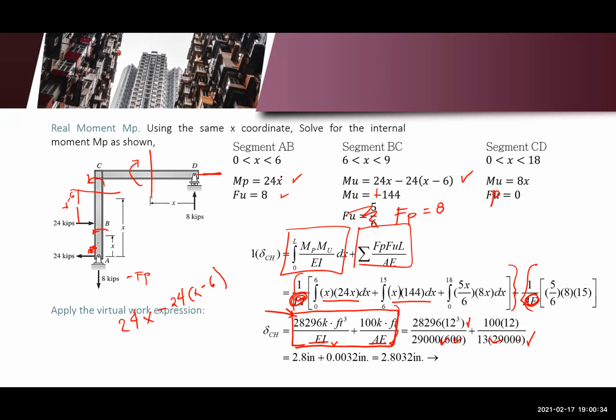Kasi ito yung pinaka ginagamit eh. And then also, yung reactions, pinaka-important, please double check always. Okay, so that will be the last example for your frames.